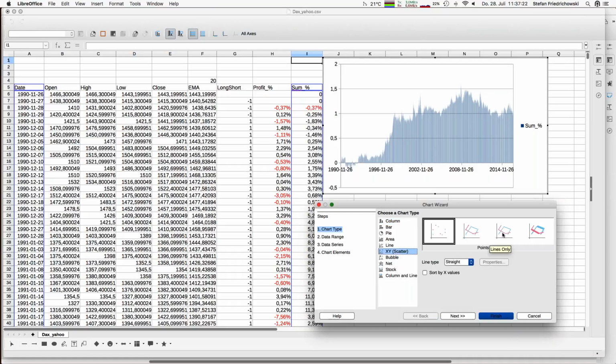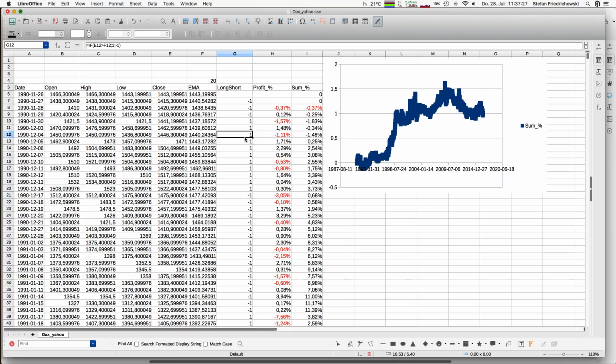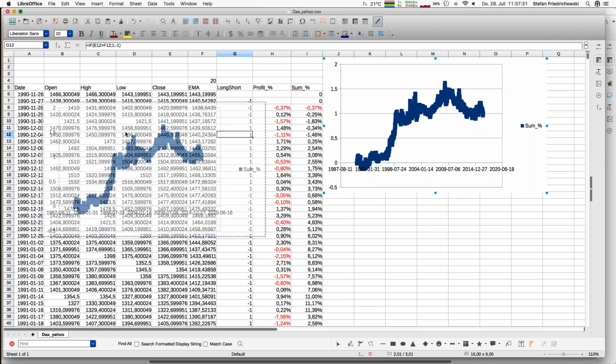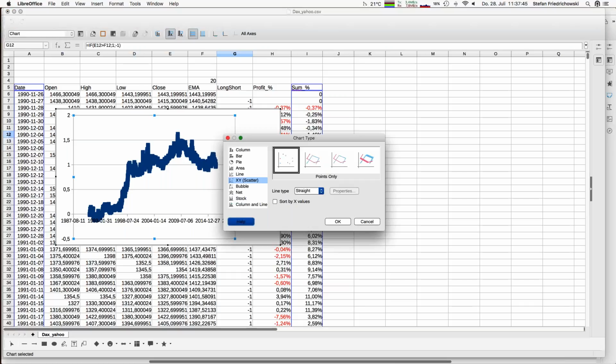So what you would see here is the profitability of our strategy. Let me change it to lines. Then it's a little bit easier to look at that chart type.